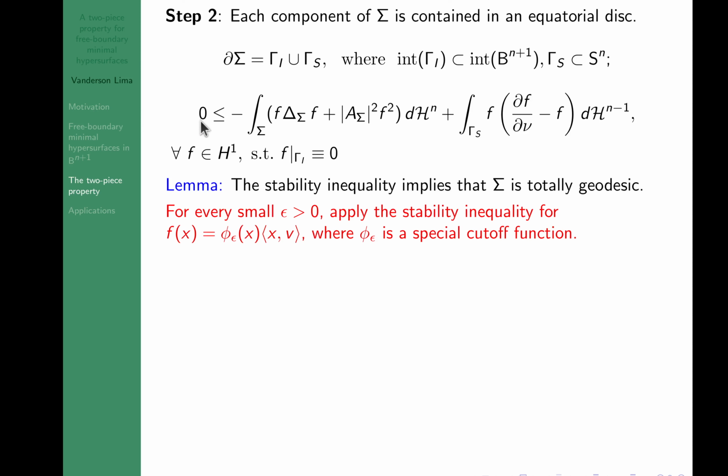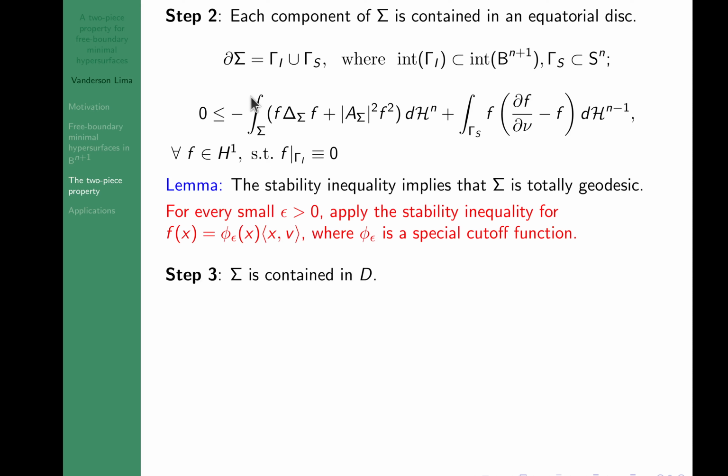I can consider some special cutoff function whose supports are small neighborhoods of the singular set, and I decrease the size of these neighborhoods as epsilon goes to 0, and I can see by some calculations that the previous argument works in the limit, and I can conclude what I want.